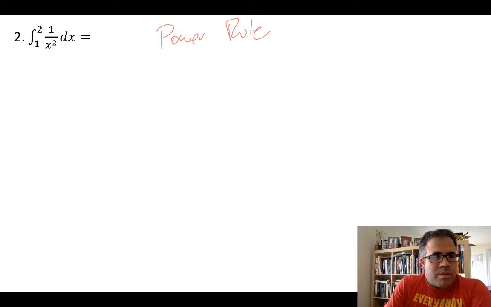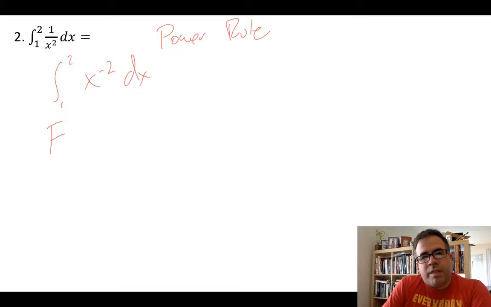We're going to recast this instead of 1 over x squared. That's the integral from 1 to 2 of x to the -2nd power dx. And so now we think to ourselves, what is the antiderivative of x to the -2nd power? What is the function that when you take its derivative gives you x to the -2nd?